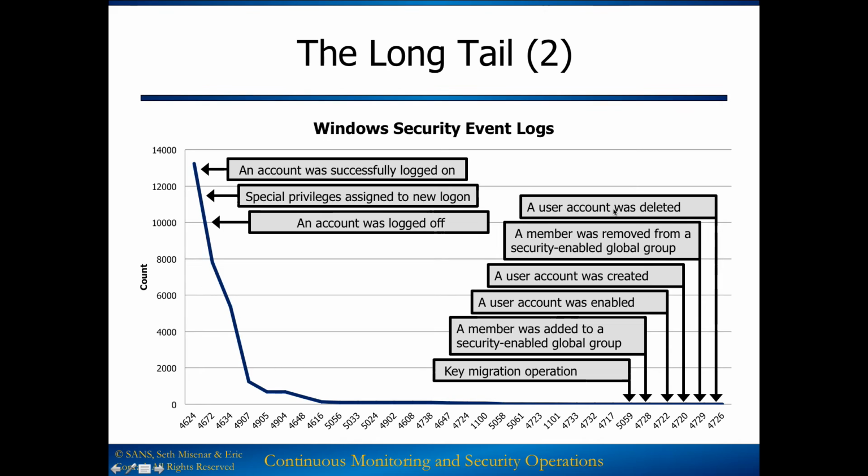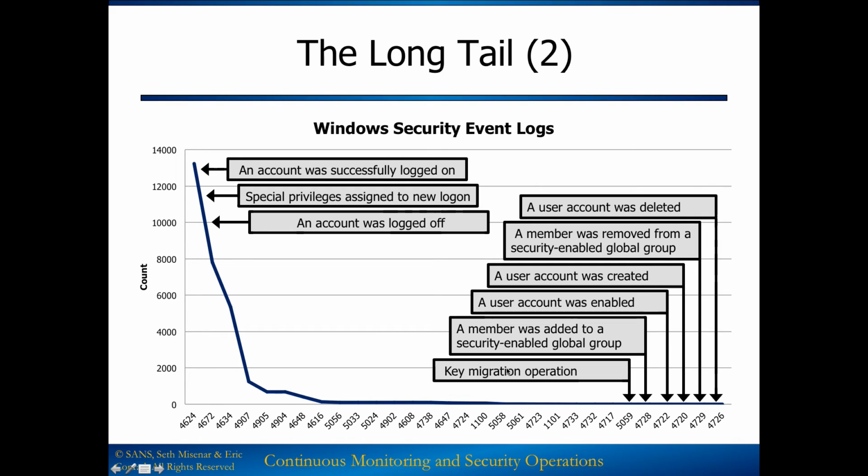A user account was deleted. That's interesting. A local account in a domain environment would be unusual. A member was removed from a security-enabled global group. Okay, that's local now. A local account was created, a local account was enabled, a member was added to a security-enabled global group, and key migration operation.